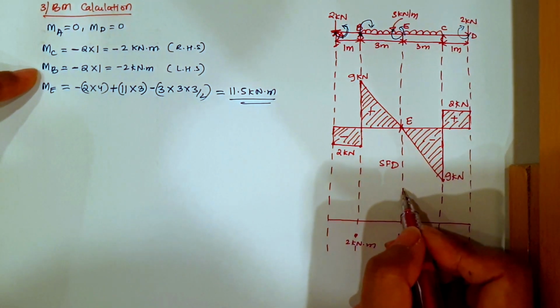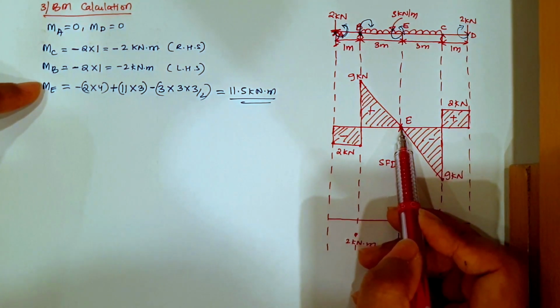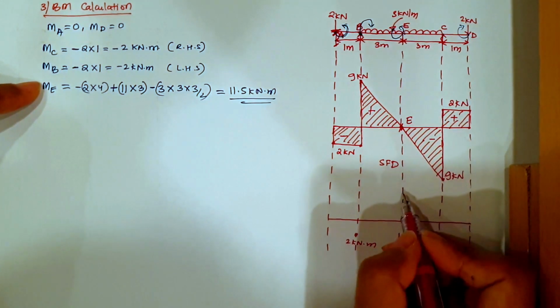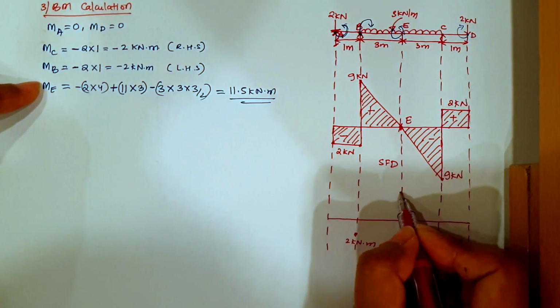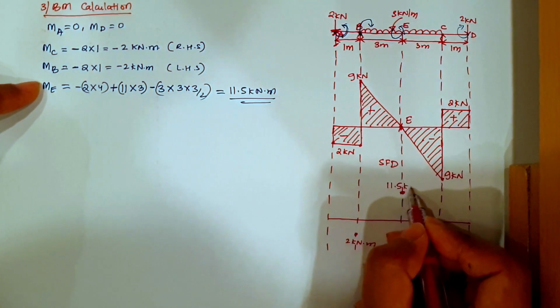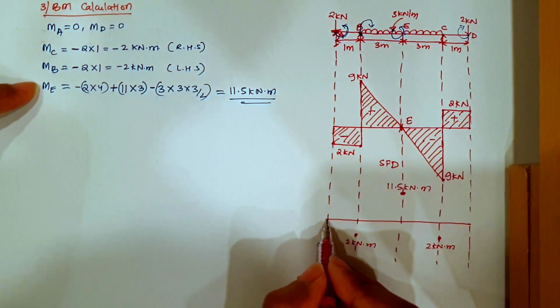And the moment at E, this point, is maximum, since this is a point of contra shear, so here contra shear will have the maximum bending moment, and it's coming equal to 11.5 kN meter.